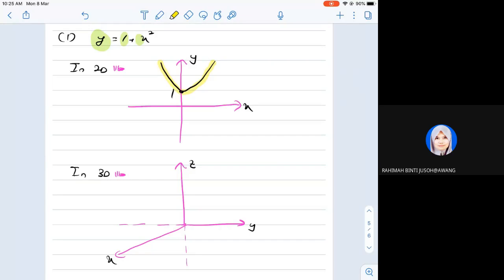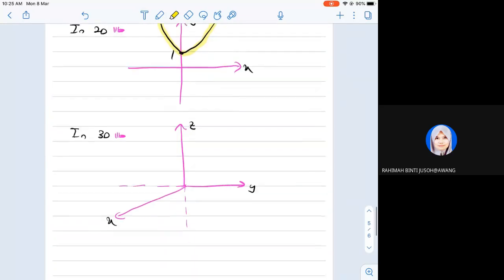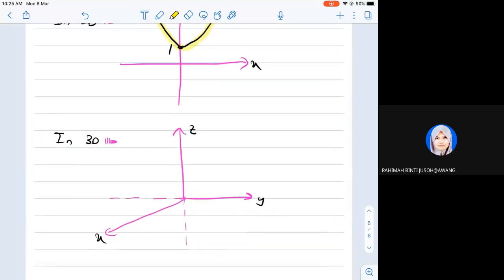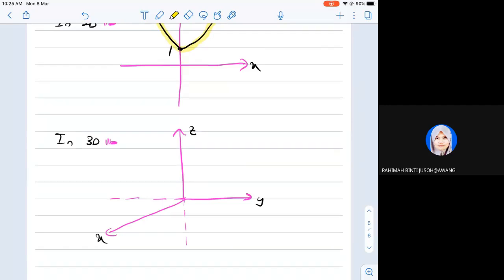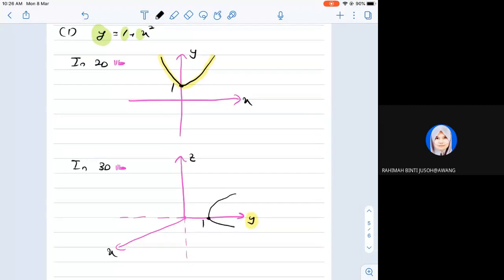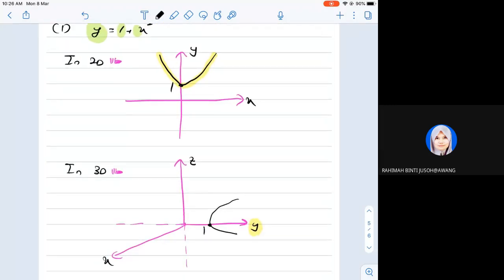Okay, dia menghadap paksi Y positif. So dalam 3D, paksi Y positif adalah sebelah kanan. Okay, on this side, Y positif. So dia menghadap paksi Y positif and then bucu dia 1. So macam ni. 1 like this. Okay, so you kena transfer daripada 2D kepada 3D. Tapi pastikan position dia betul. Dia menghadap paksi Y positif, so dalam 3D pun dia mesti menghadap paksi Y positif. Okay, understand?